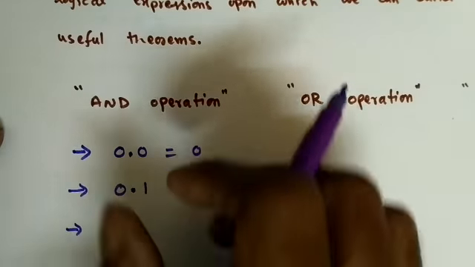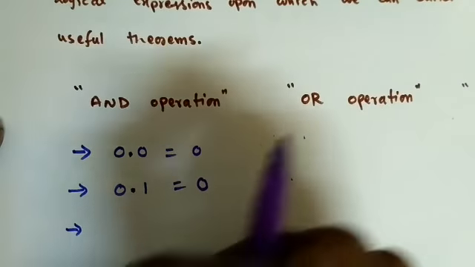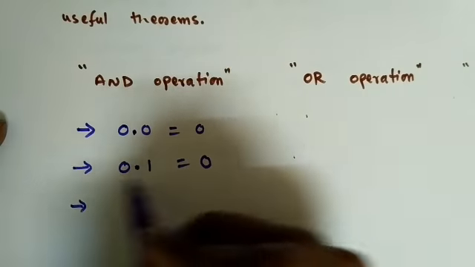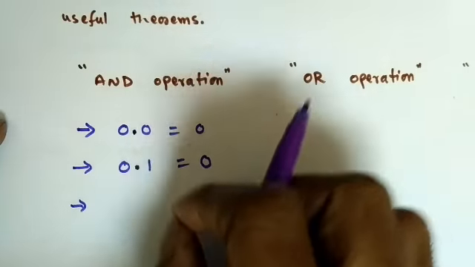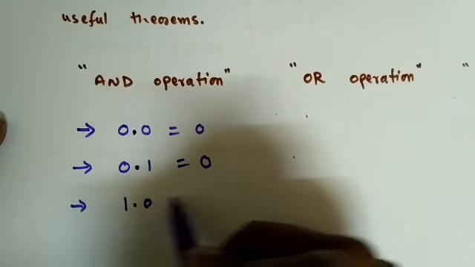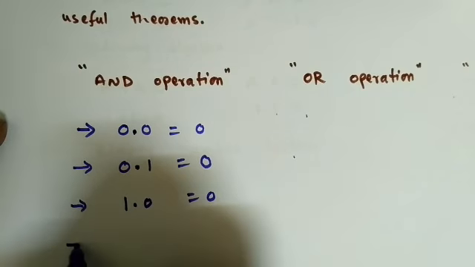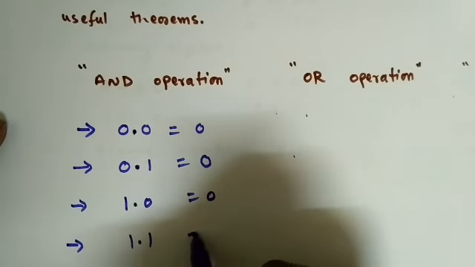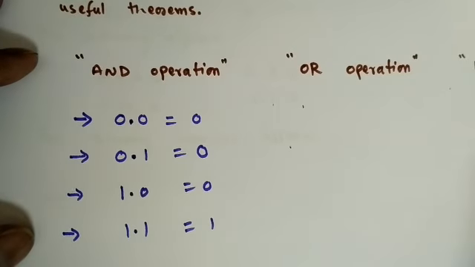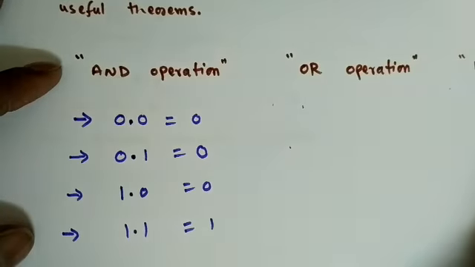Right now we are finding the laws or axioms in Boolean algebra. When we go for the AND operation, these are the axioms we need to follow. Next one is 1 into 0, again we will get 0 only. One more is 1 into 1, which gives 1 only. So these are the 4 axioms or postulates for the AND operation.